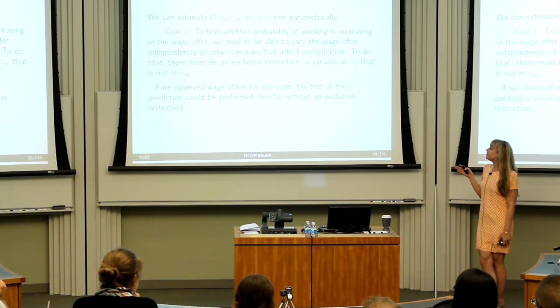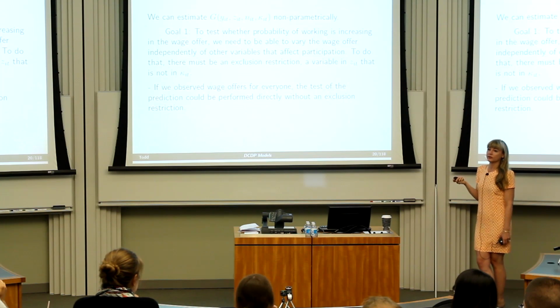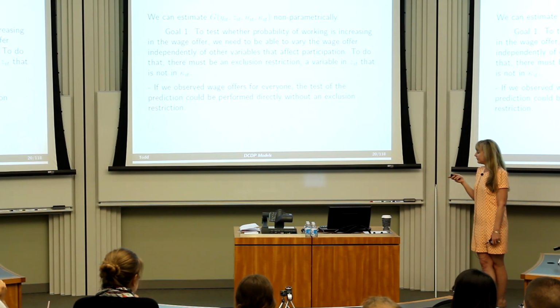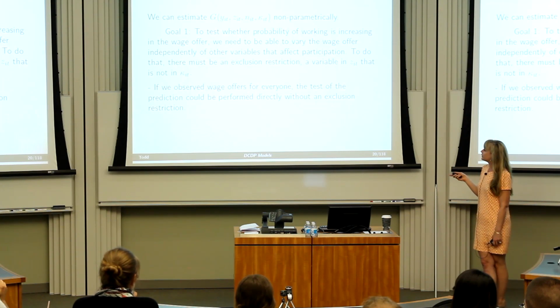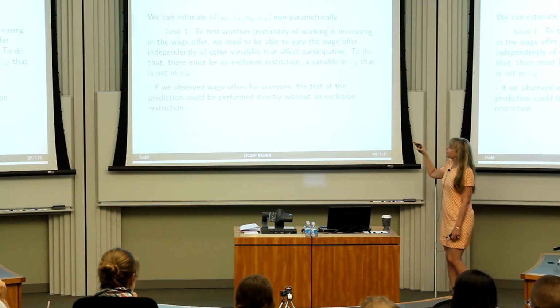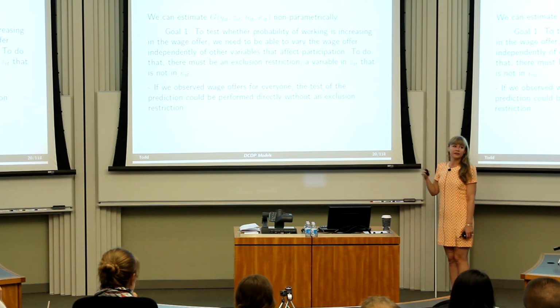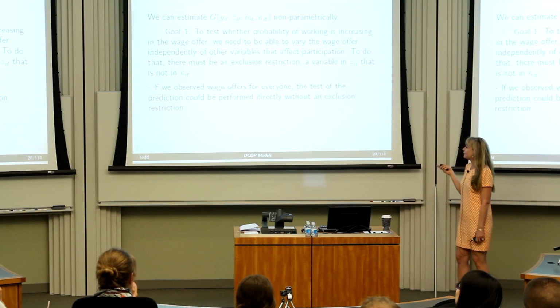Like even in this case, work experience, if that didn't directly enter into the utility function, you could use work experience as something that affects the wage. But you need some exclusion restriction. If you observed wages for everybody, then you wouldn't need an exclusion restriction, because then you just put wages in directly. But because you don't observe wages for everybody, you need an exclusion restriction.